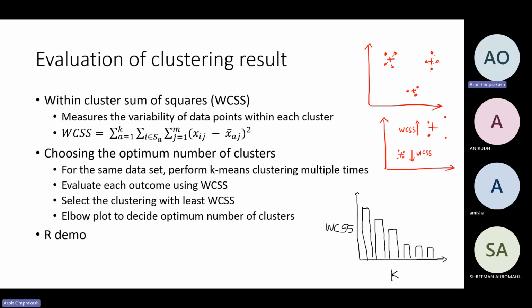Okay. So this is basically the formula, written mathematically. Before that, where do we use this within cluster sum of squares? We use this when we are comparing different iterations of the same model.